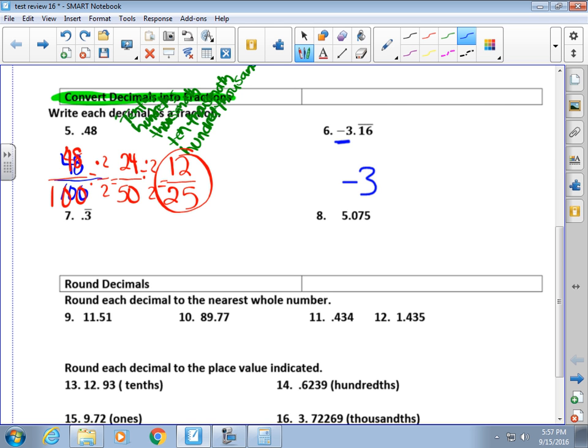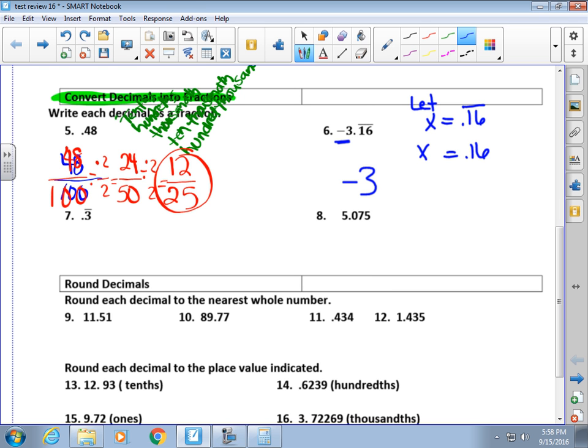I'm going to show you the long way first, and then I'll show you the short way. So we need to let x equal whatever is behind the decimal. So 0.16 repeating. And then we have x equals 0.16 repeating.